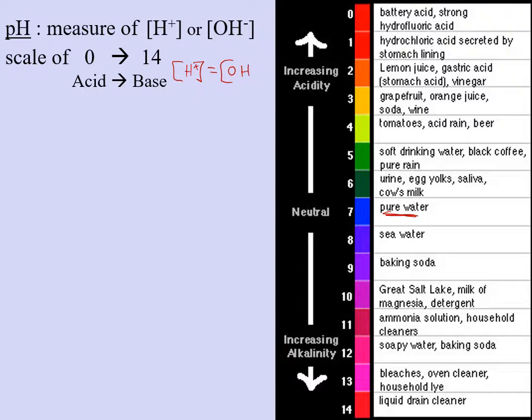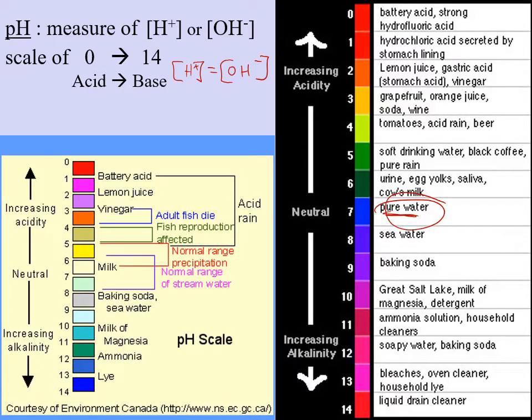Hence we define 7 as where you find pure water, where these two are equal. When you have more hydrogen ions, you're going down on the scale, so your pH number gets less. When you have more hydroxide ions, you're going up on the scale, so the pH number gets higher.